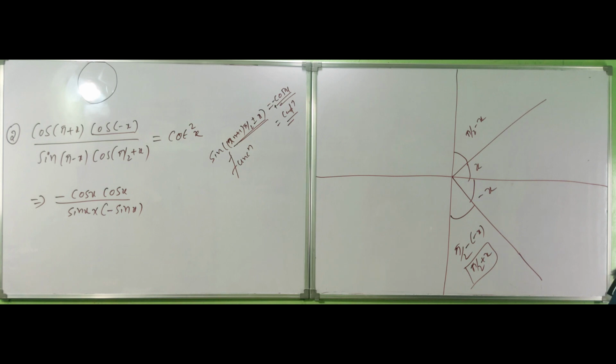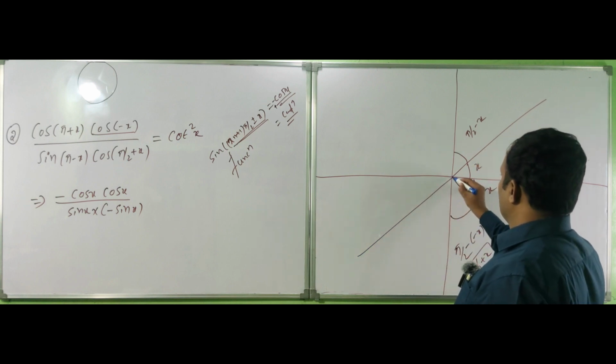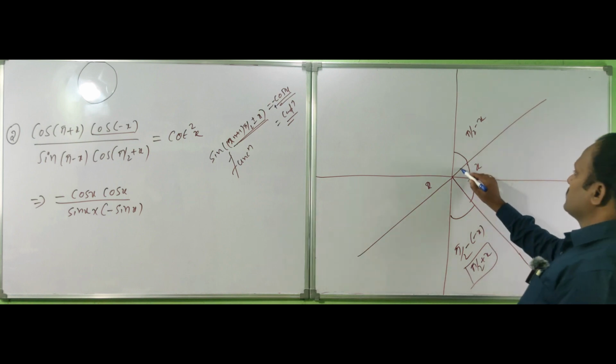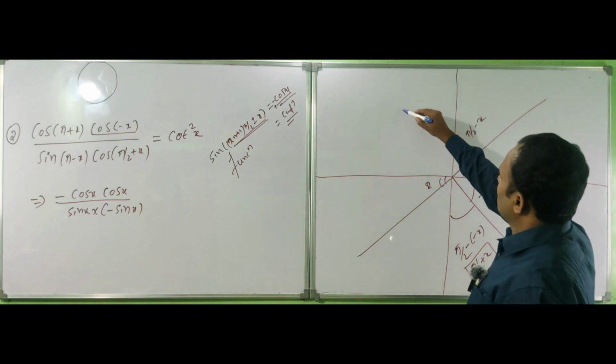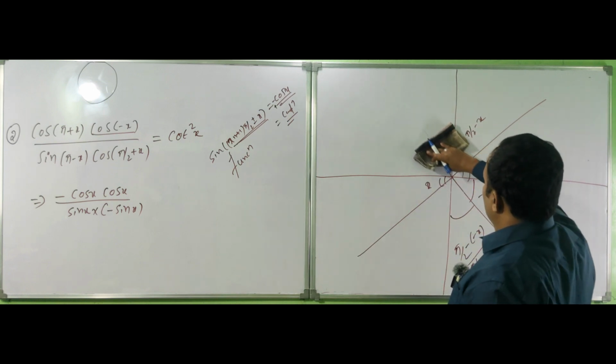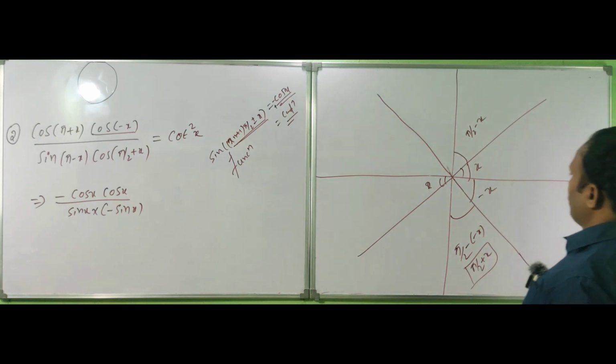For pi minus x, how will we get it? Then this will give x, since opposite angles are equal. If I get anything wrong here, please correct me.